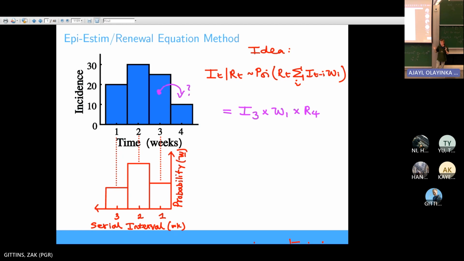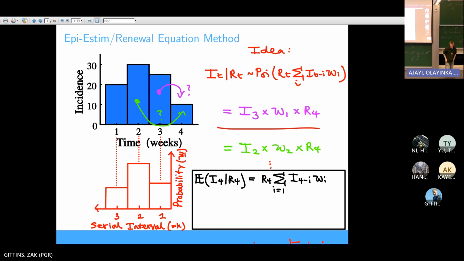That's how many infections you'd expect in total if the reproduction number remained the same. But then the proportion that you'd expect 1 day later, you just multiply that by W1. And then the same for how many from week 2 on to week 4, and so on. And so the expectation of I4 given R4 is just the sum of all those things.